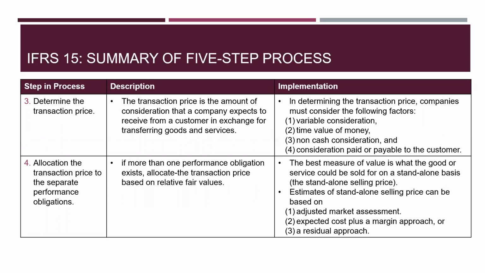Your transaction price is generally stated in your contract. Whatever your contract price or total consideration is, that is your transaction price. Step 4 is to allocate the total transaction price between the different performance obligations, and that usually is done based on the relative fair values of each consideration that's being given up.